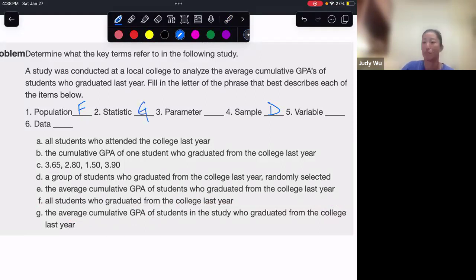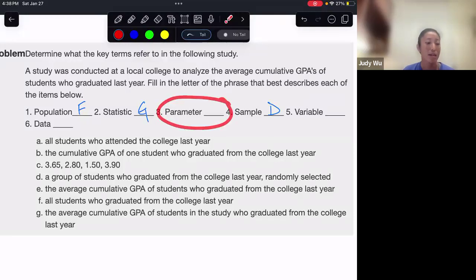Next up in our textbook, under key terms, they talk about something called the parameter. The parameter is nothing more than a numerical characteristic, or some number about this population, that can be estimated by the statistic.